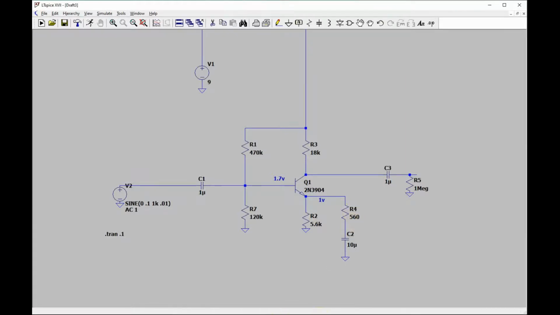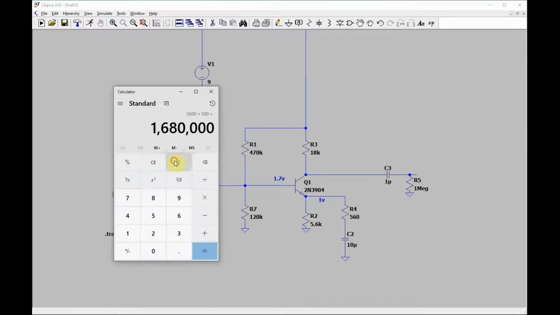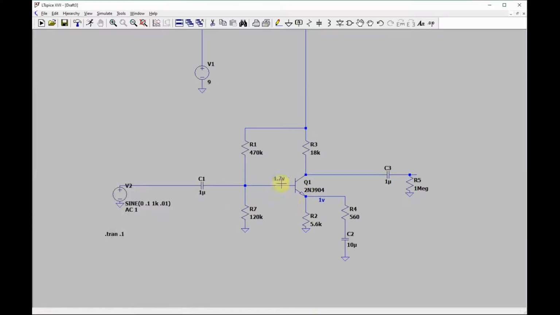So if you take like 560 times, say, 300 HFE, then that's like 168K there. Well, that really starts to cut into this a little bit more. So there's a balance here.